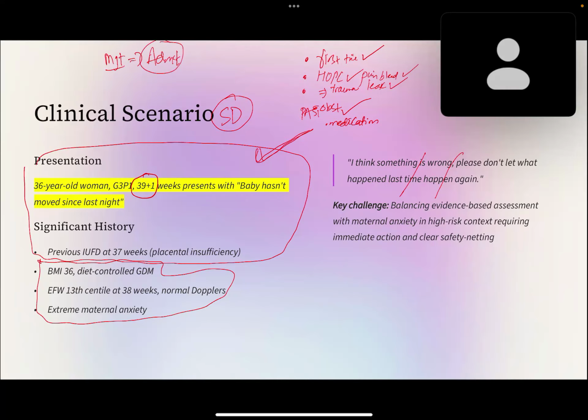I would involve my senior consultant as well, as she's high risk for intrauterine or intrapartum demise. I would want to confirm what was the mode of her delivery for the previous. Was normal delivery. Okay. So yes, we would induce her in the consultant-led unit as she is high risk.